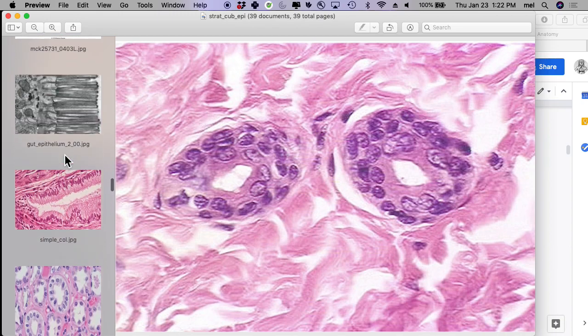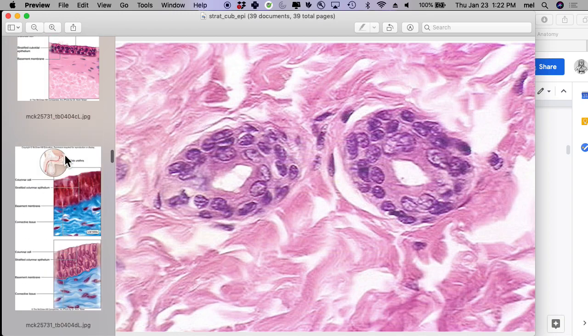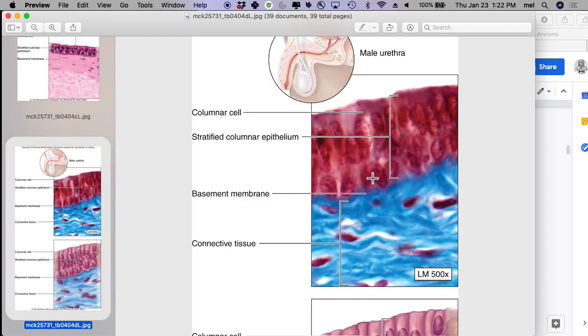And then one of the rarest tissues in the body that people still actually argue a little bit about is this guy right here, which is what? It's stratified, but it's columnar. So how can you tell it's columnar when you really can't see the boundaries of the cells? Oval nuclei, taller than it is wide.